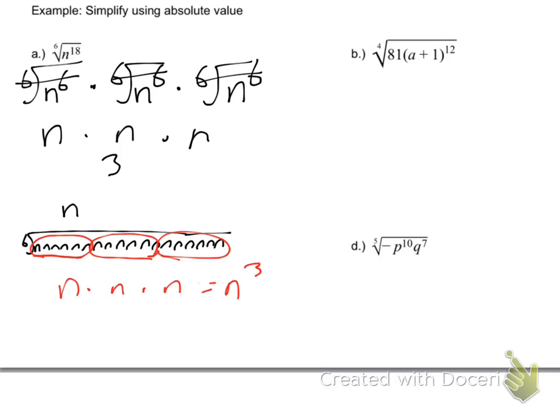Think of 81. I think 81 itself can be taken apart, and then the a plus 1s can be taken apart. So my first move would be to actually separate them to their own roots. Now, I am not going to say this is the only way, but I think this is a good break. Break those apart.